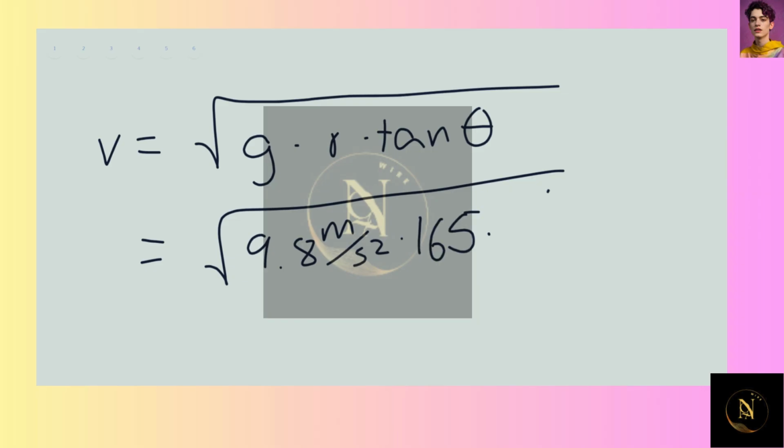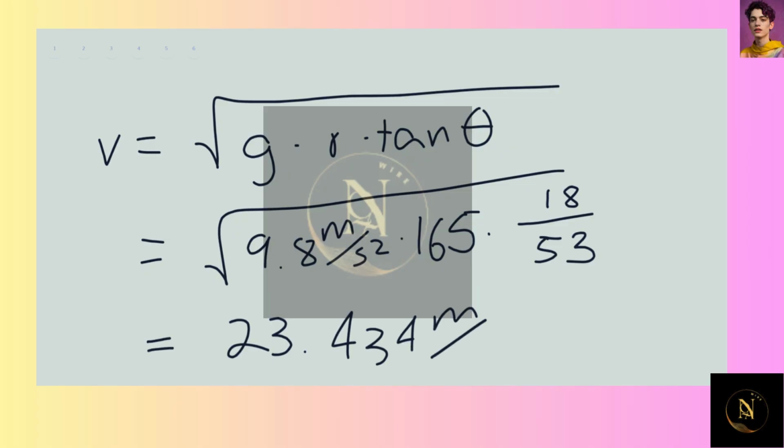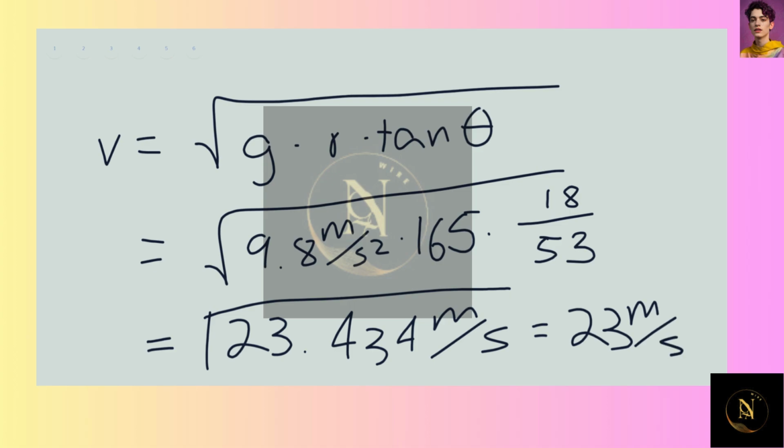And that's going to be multiplied once again by 18 over 53, our tangent theta. And that's going to give us a result of 23.434 meters per second. And so that's going to be the answer to the second part of our question, which we can round to roughly 23 meters per second.